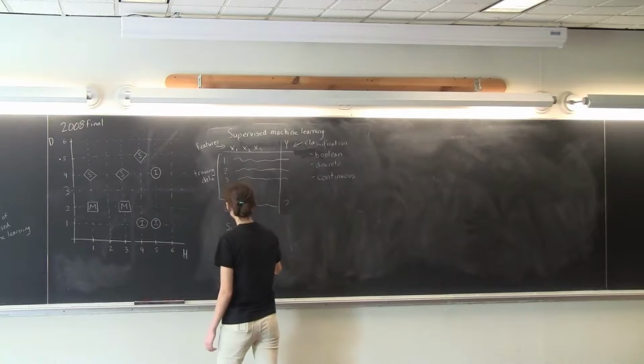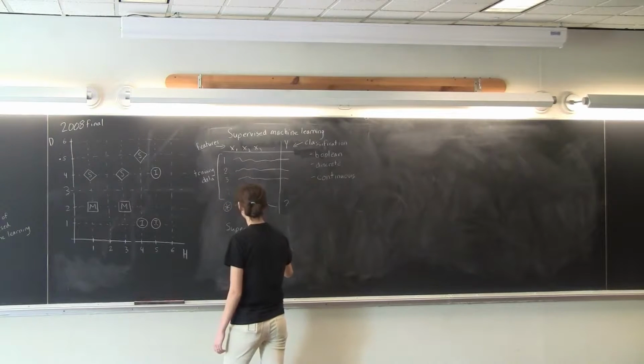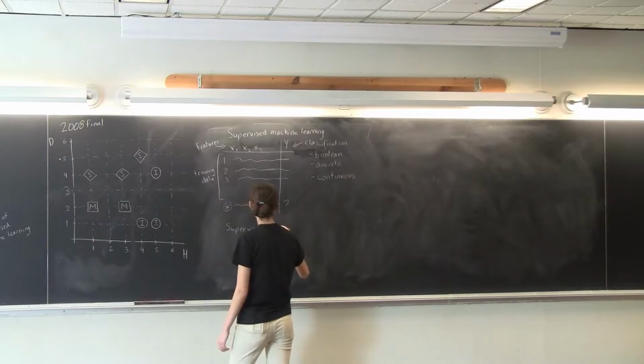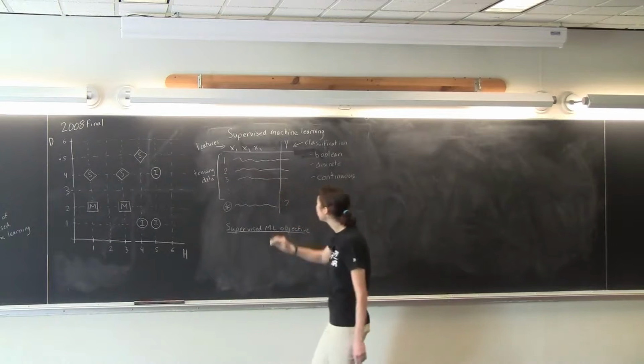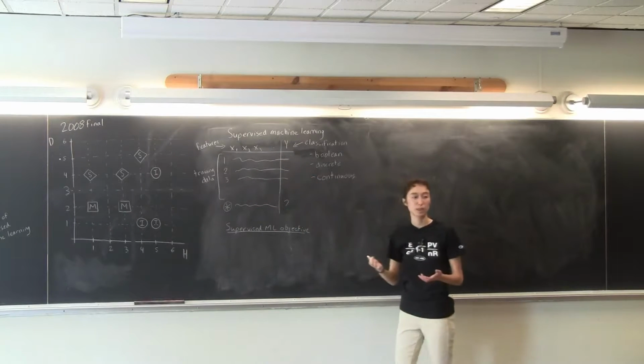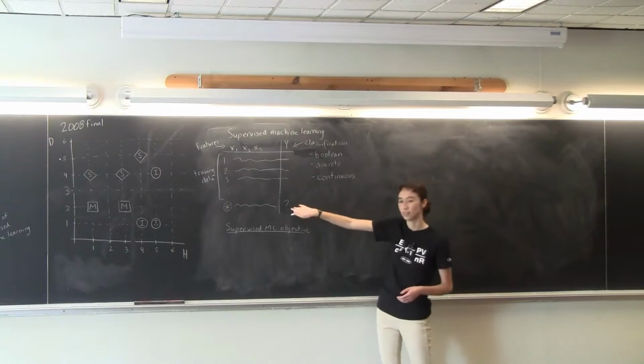So we could say that the supervised machine learning objective is, given all of this training data, to come up with some model or rule for classifying unknown points.